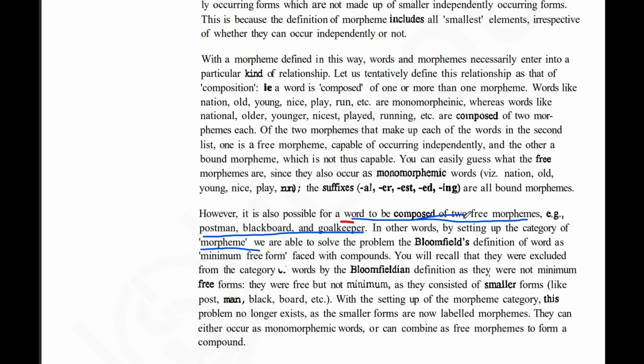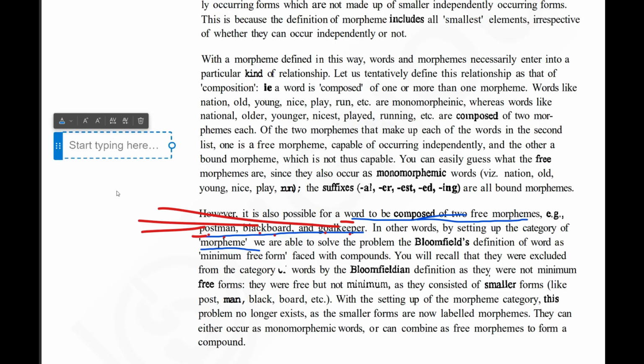Example, postman. This is what we were talking about. Blackboard. Goalkeeper. These have two different morphemes. Post plus man. Black plus board. Goal plus keeper. Now these words in themselves have a meaning. When I say the word postman, it has a meaning in itself, but also the word post and the word man have a separate meaning in themselves. So now they are all morphemes.